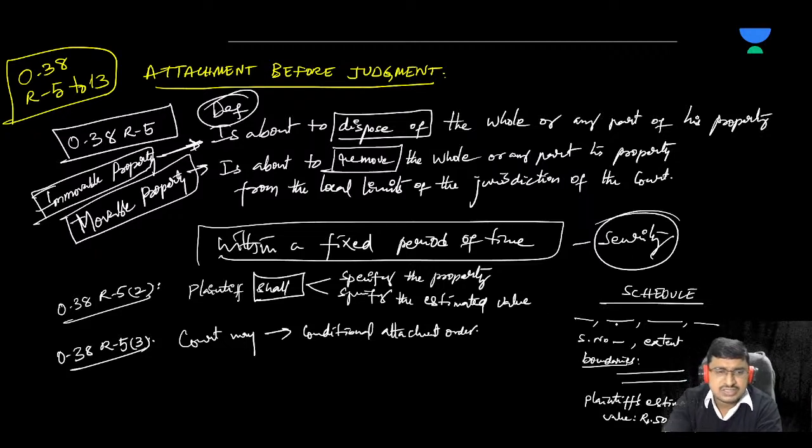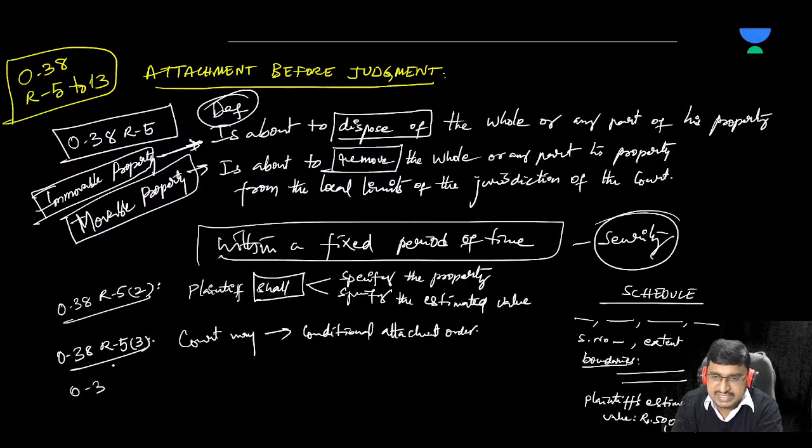This is not stipulated under Order 38, friends. However, it is a general procedure followed by an advocate practicing on the civil side. Therefore, Order 38 Rule 5(3) is speaking about the same thing.